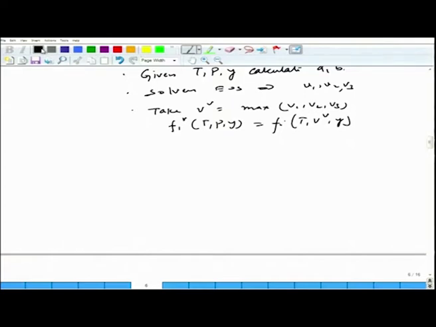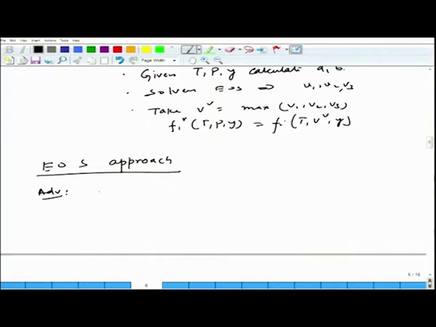So, let me make a concluding remark as far as the equation of state approach is concerned. The advantage is that you can use this approach for any fluid having an equation of state.